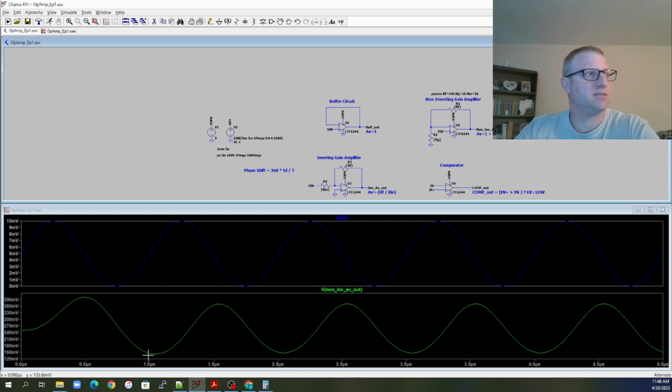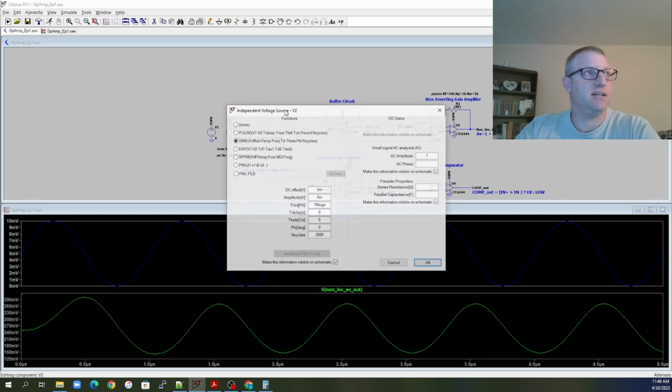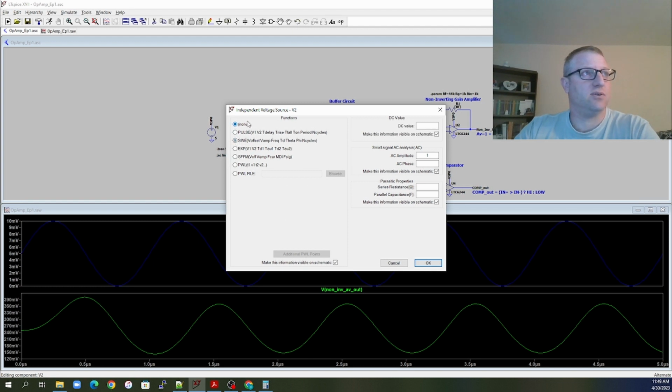We can see that at about 150 millivolts, right? We can see that there's an offset voltage that's happening here. There's this lower limit that we just can't get past, even with 0 volts on the input, nothing's happening. And if we really wanted to do it, we could just take this and go to none, and then just do a 0 volt.